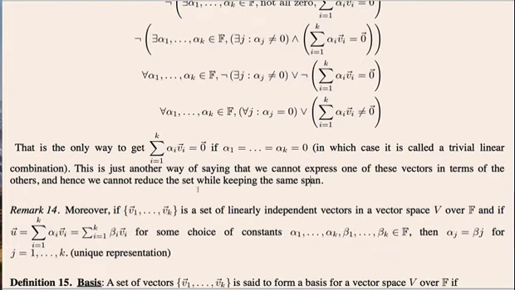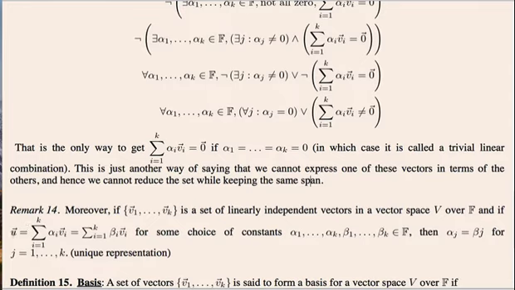Linear independence has some consequences. This is formulated in Remark 14, which says that if v1, ..., vk is a set of linearly independent vectors in the vector space V over the scalar field F, and if u can be written as a linear combination of the v's with alphas, and also as a linear combination of the v's with betas, for some choice of constants alpha 1, ..., alpha k, beta 1, ..., beta k, then in fact alpha j must be equal to beta j for all j, index from 1 to k, which basically means that it's a unique representation.